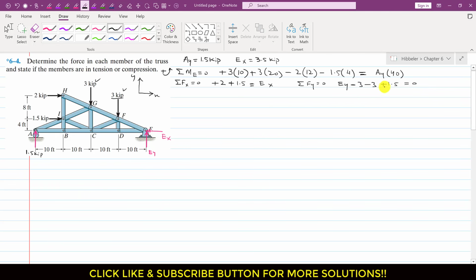The signs become opposite when we bring these to the other side of the equation, so this becomes 6 minus 1.5, which is 4.5. So EY is 4.5 kips. Now we can write that EX is 3.5 kip and EY is 4.5 kips.